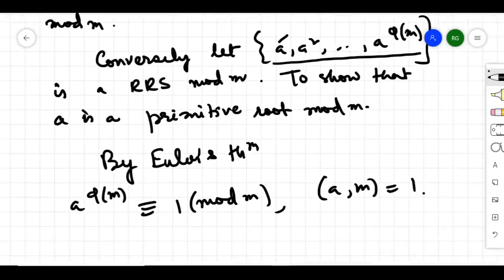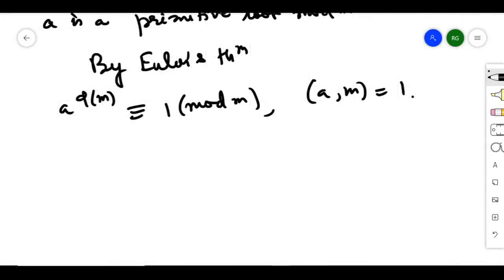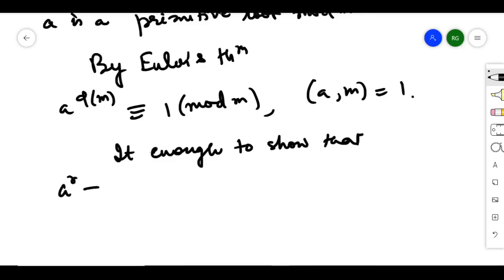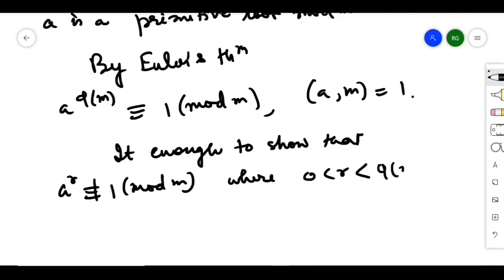Now we want to show that there exists no positive integer less than phi m for which a to the power that integer is congruent to 1 mod m. So it is enough to show that a to the power r is incongruent to 1 mod m, where r is a positive integer but less than phi m.